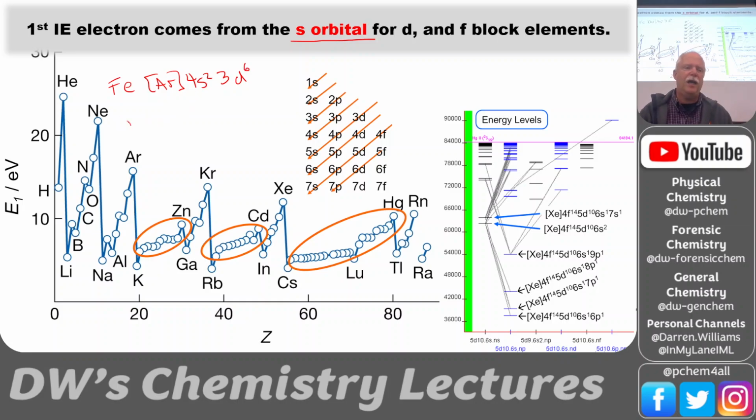And so if we're going to make iron cation, what I'm trying to say up here is that electron does not come from the d orbital, it comes from the s orbital. So 4s1, 3d6. Seems weird, doesn't it? But that's the way it goes.